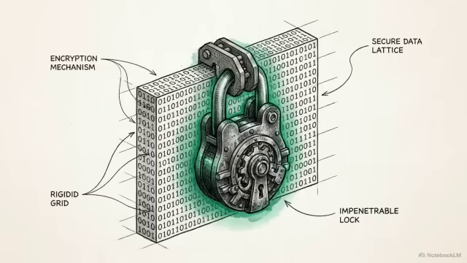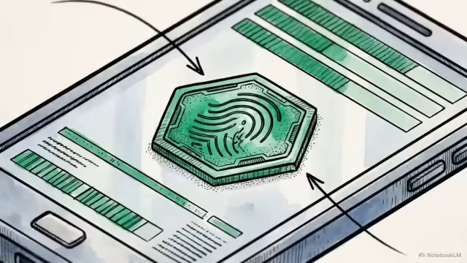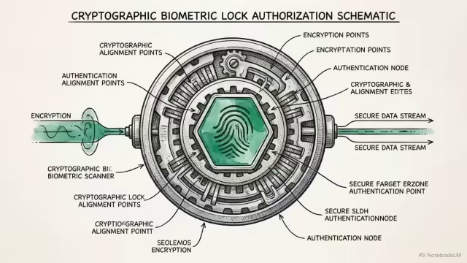Furthermore, all communications must be secured and encrypted, treating internal traffic exactly the same as external traffic crossing the open internet. By eliminating implied trust zones, this architecture forces continuous cryptographic proof of authorization for all network activity, regardless of its origin.